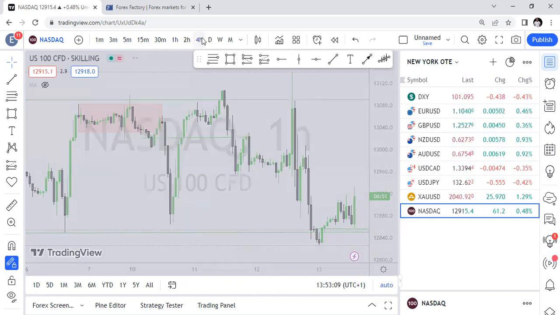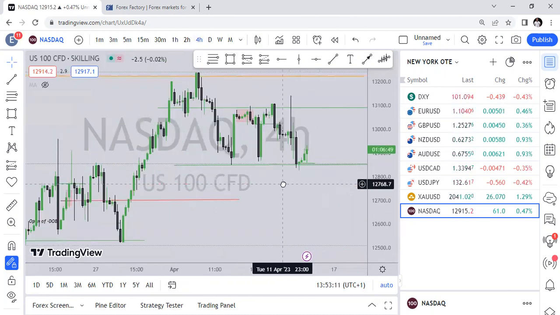The Nasdaq is also showing some signs that it wants to go up.